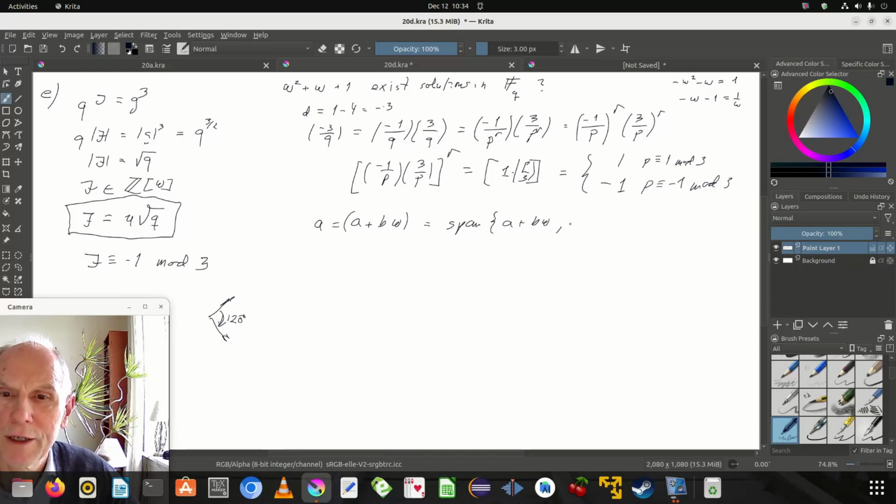So it's B minus A minus A omega. Are we able to make a Z-linear combination of these where the coefficient gives 1? And of course we are.